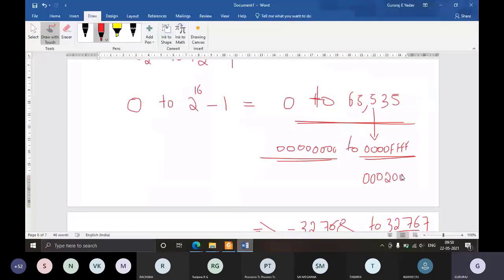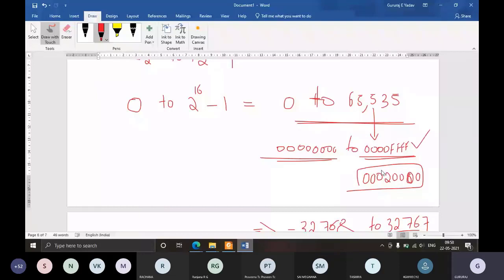Whether this value is within the positive number range that we can represent, no. The maximum is 4 zeros followed by 4 F's, but this value is more than the maximum positive value we can represent.